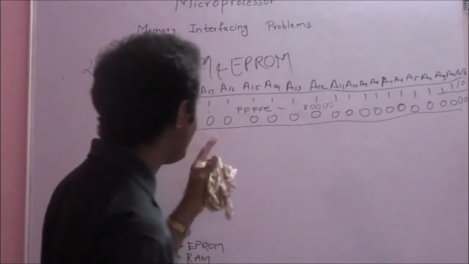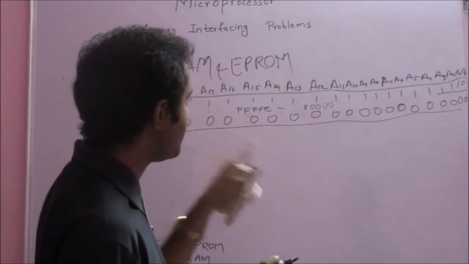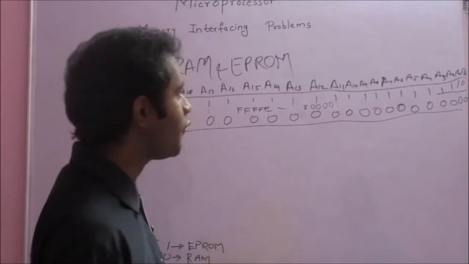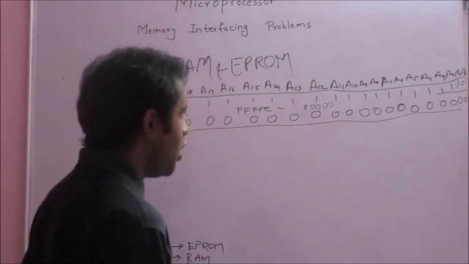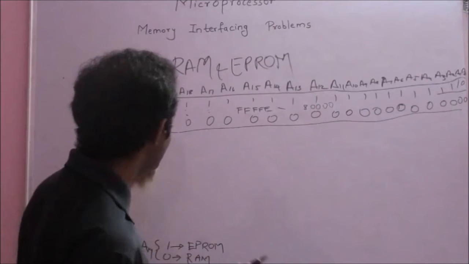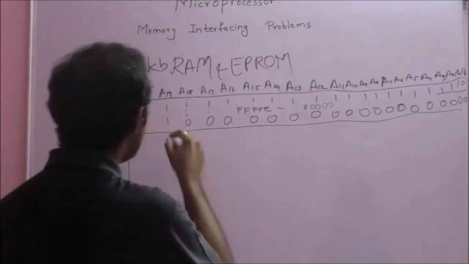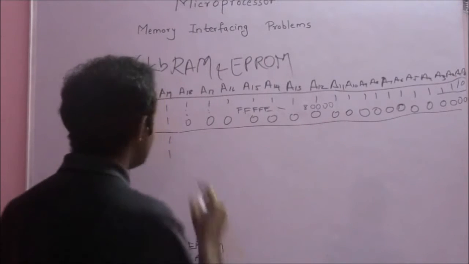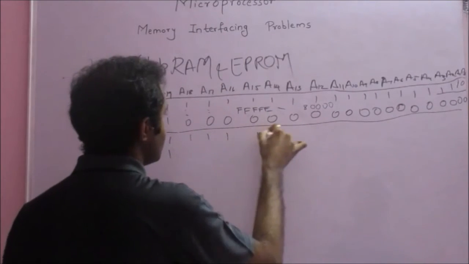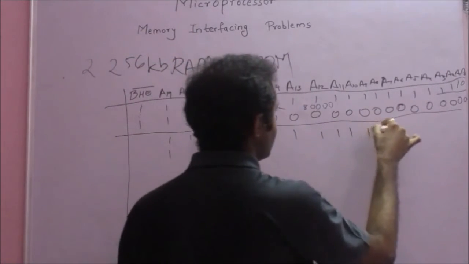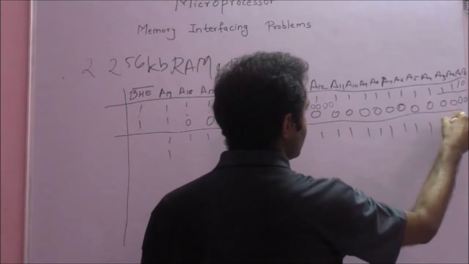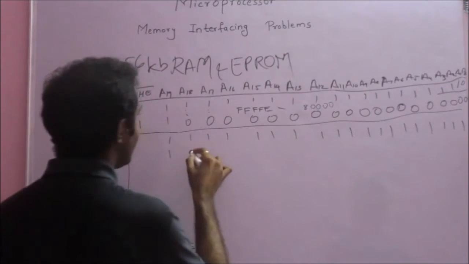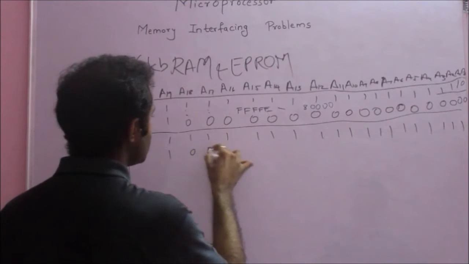So it is FFFFE to 80000. Now it is done for the even bank, and next we will do the odd bank. It is the same EPROM because A19 will be 1, so 1 goes here, and again 18 ones and 18 zeros.